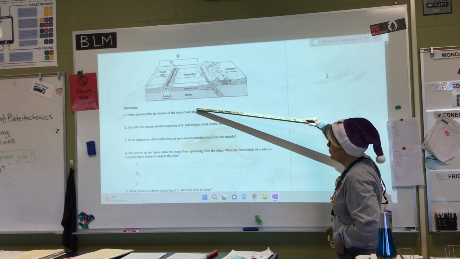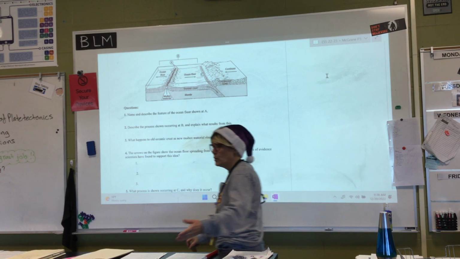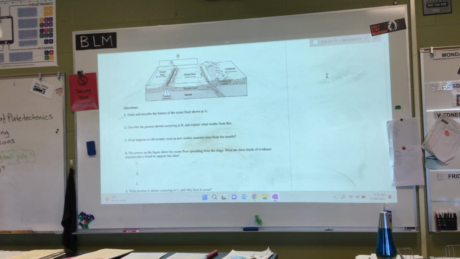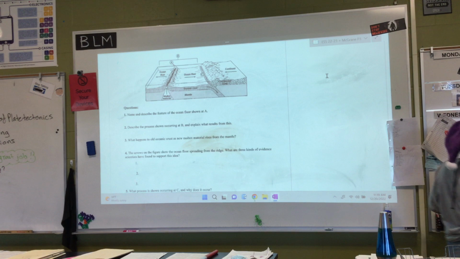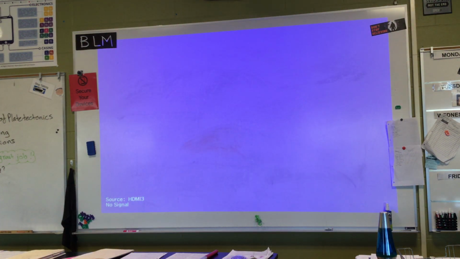You are going to work through and answer these questions. On your marks, get set, go. You can work with your partner, or you can work individually alone if you want. If you don't finish in class, that's your homework for tonight.